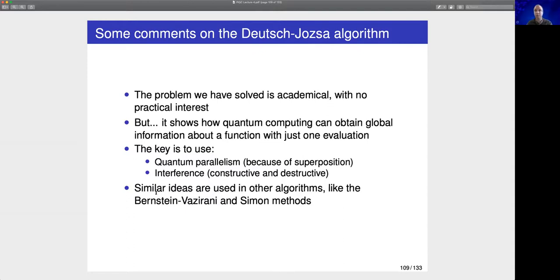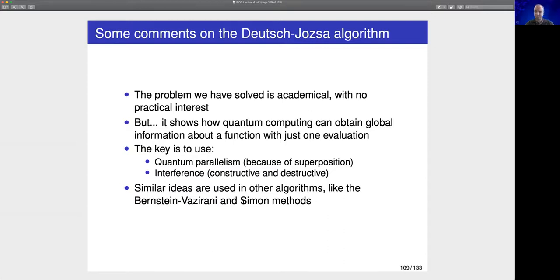I'm not going to go into detail into these algorithms because they are similar to the one that we have studied and are also not very practical. But they were interesting in the historical development of quantum computing, especially the Simon algorithm, because it was the inspiration for the famous Shor algorithm that we are going to study maybe at the end of this lecture or at the beginning of the next one.